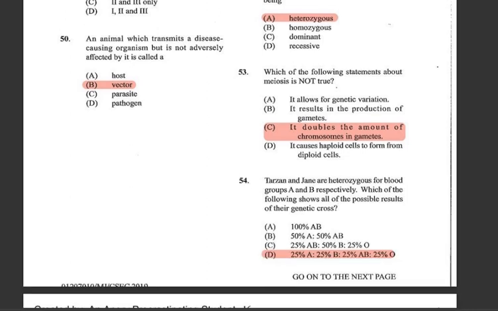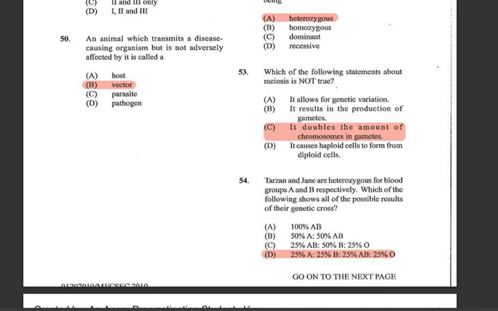Number 54, it says Tarzan and June are heterozygotes for blood group A and B respectively. Which of the following shows all possible results of their genetic cross?